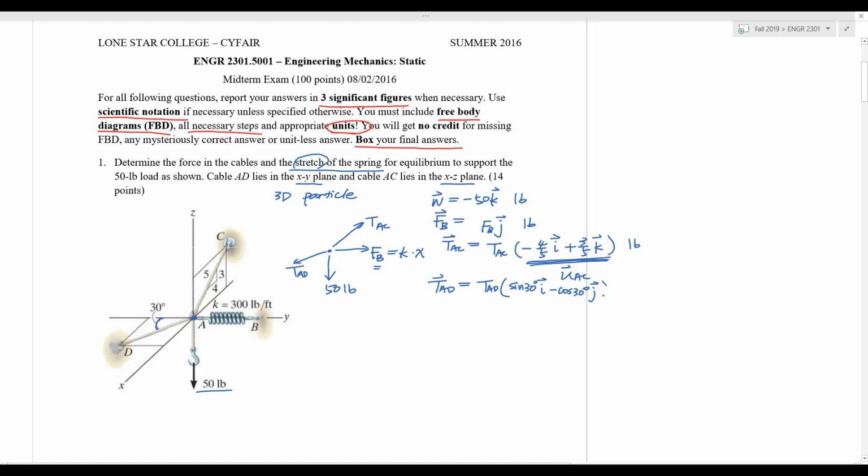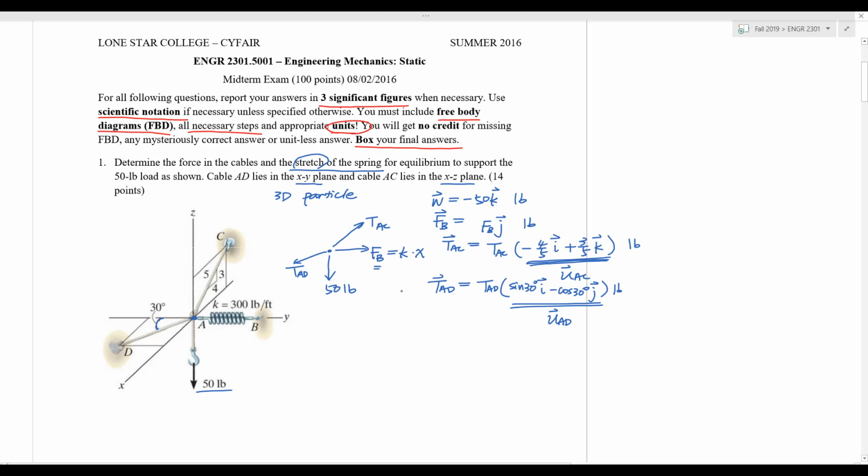That has a j component. So this right here inside is your unit vector UAD as well. So the directions are pretty easy to determine, so I did not really use the position vectors to determine the unit vector. It was relatively easy to determine this way.